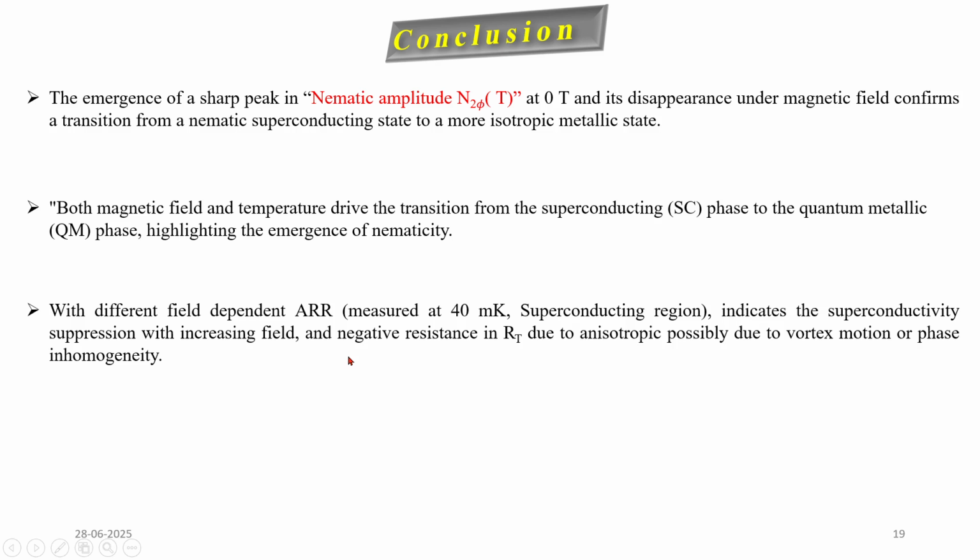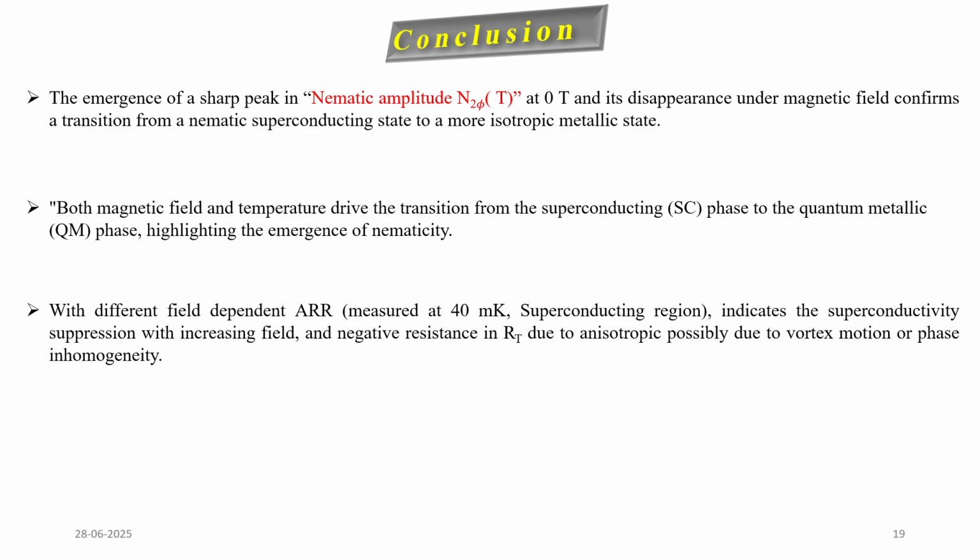And with the angle dependence, the measurements have been taken at 40 millikelvin, in comparison with the superconductivity, and indicate the superconductivity with suppression by the magnetic field and negative resistance in the transverse resistance due to anisotropy, possibly due to vortex motion or phase inhomogeneity. It means these are the possibilities if we are measuring the resistance in a perfect direction of the structure, but after rotation the current basically favors the lower resistance path and we are looking at the results of a different region.